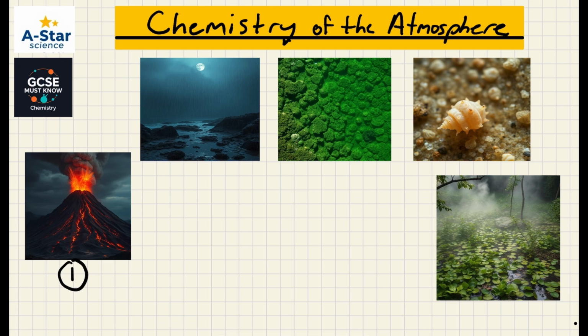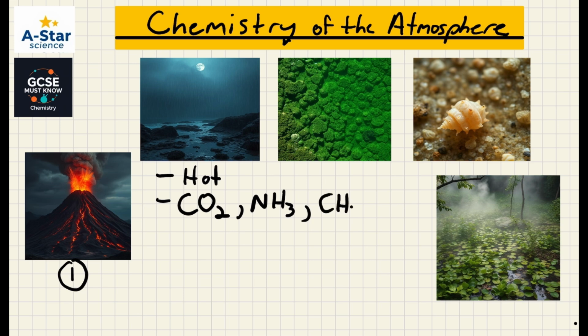So let's start with image number 1. This represents the earliest atmosphere, and the atmosphere at that time was quite hot. Scientists believe that it was primarily made up of gases like carbon dioxide, ammonia, and methane gas, as well as lots of water, but in the form of a vapor.